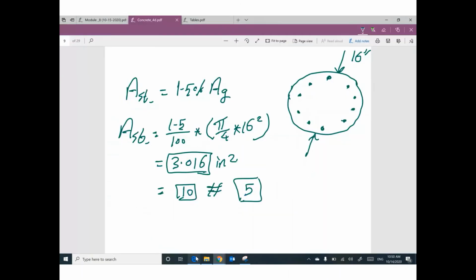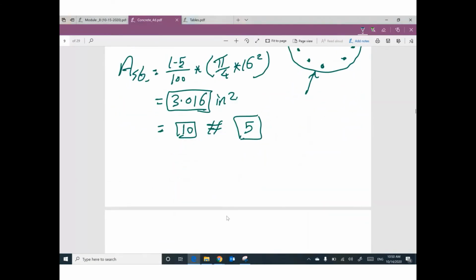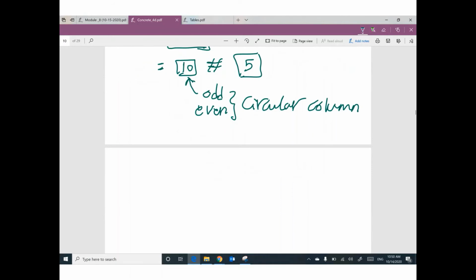It's a good question, Oliver. No, this number, odd or even, is okay because you are talking about a circular column. The big issue, I explained it before: if you have a number and you need to distribute it in a square or rectangular shape, we need to keep symmetry. We need to keep this cross section symmetric. So if you put any number on this side, I have to put the same on the other side.